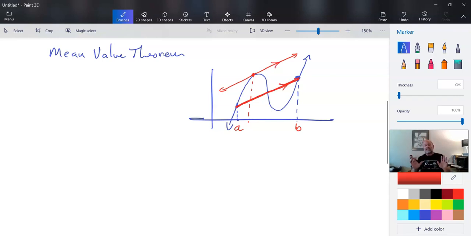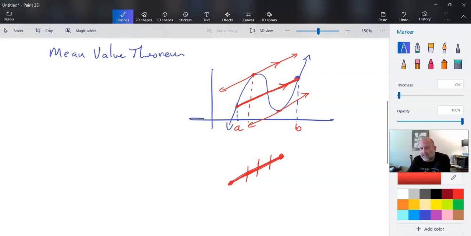And all it says is there's at least one. So there could be two, like in this case. There could be an infinite number of points. For example, if you had a straight line, there's a slope to that straight line, and that's the average rate of change, but the slope is the same at every single point along the line, which means there's an infinite number of points that meet the average rate of change.